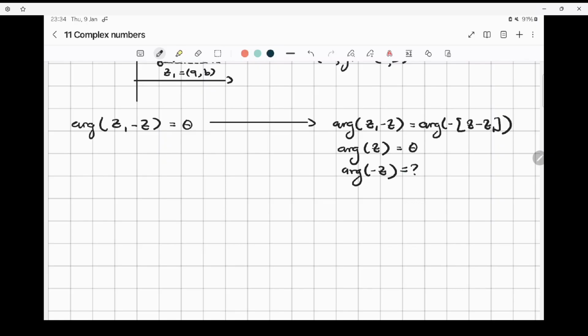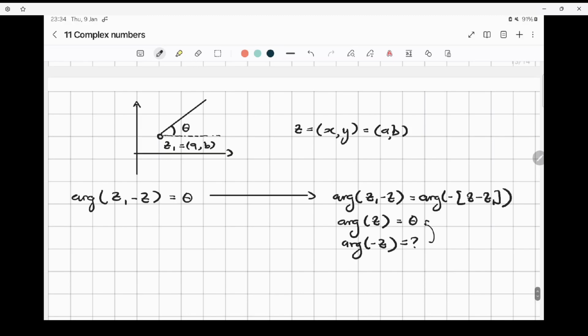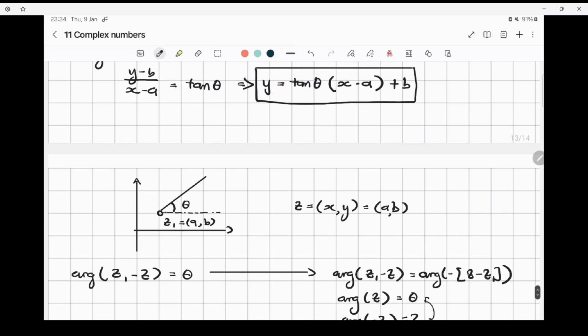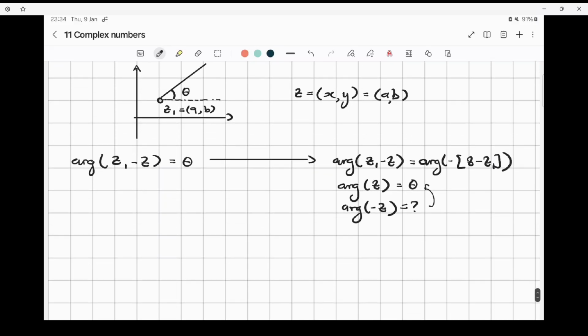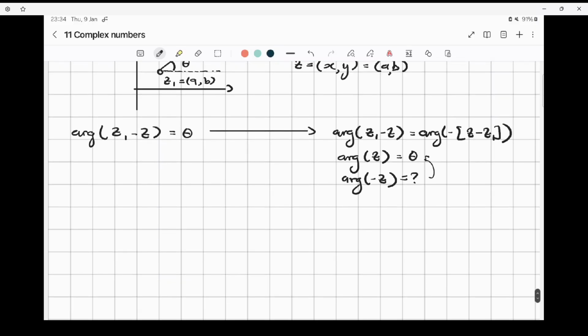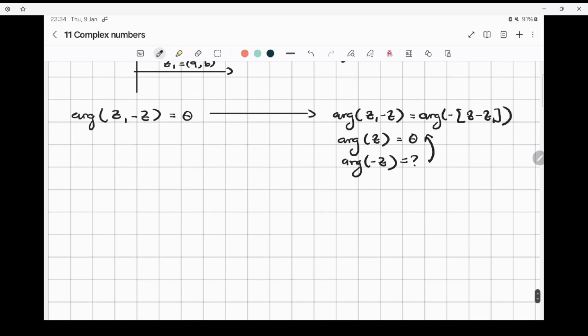Essentially, if we know the argument of minus Z in terms of theta, we can make use of what we have known before and deduce this particular form. There are a few ways for you to do that. Over here I will show the algebraic way.